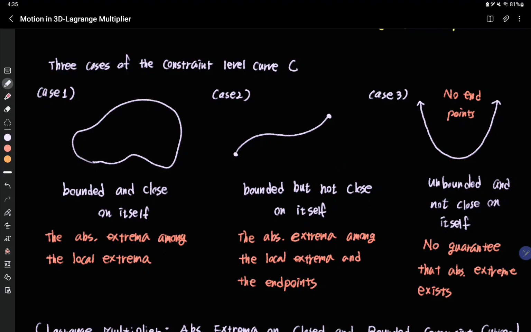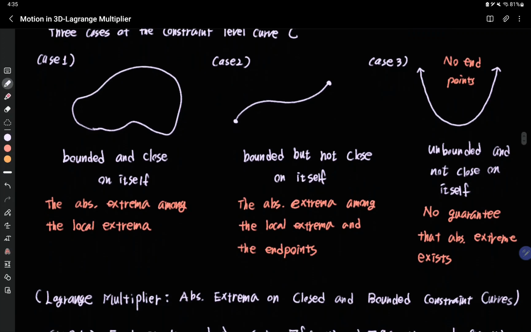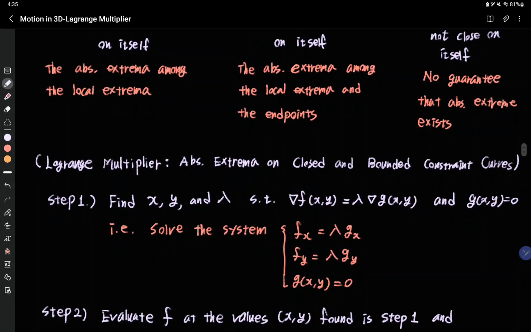Last case, there are no endpoints. This is a parabola or a line. These are examples of unbounded and not closed on itself. Then we cannot guarantee the existence of absolute extrema.